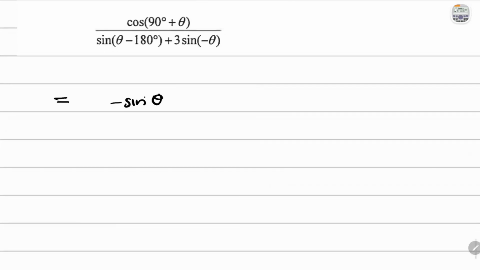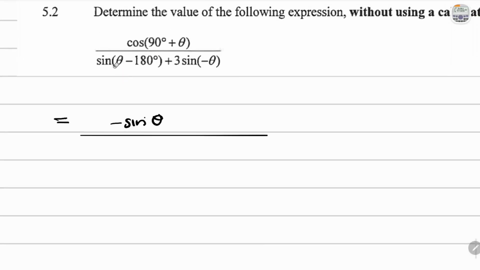Okay, so we have that over, and our denominator, do you see what we have here? We have sine of theta minus 180 degrees. Okay, you have a negative angle. The minute you see your angle is negative, overall this is actually negative because theta would be seen as an acute angle. And so if you take an acute minus 180, you're going to get a negative angle.